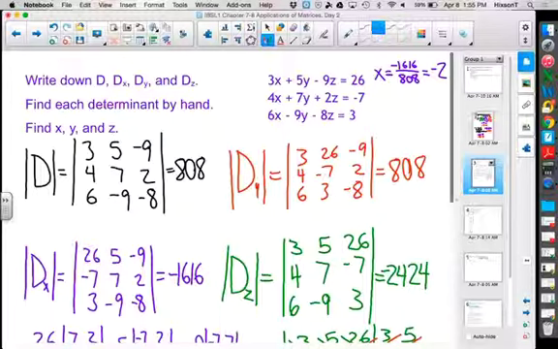Then y is 1 because D sub y is 808 over D. And then z is negative 2424 over 808, and what does that equal? Negative 3, there we go.